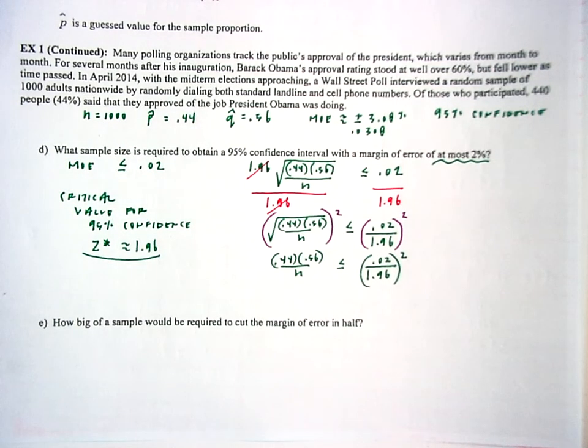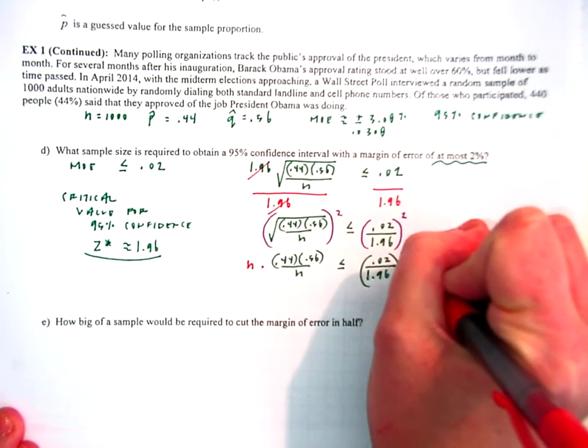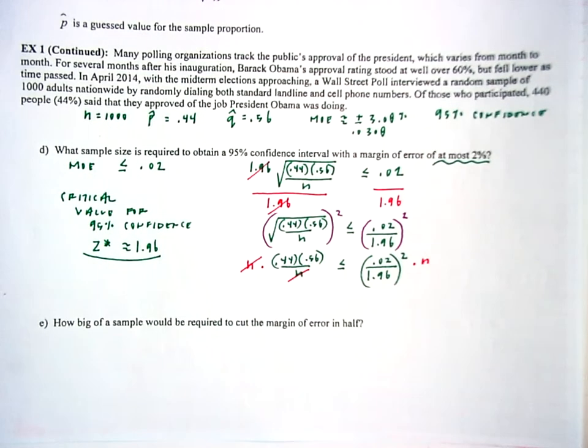So I'm just using my knowledge of algebra to isolate the n. Now I want to get the n out of the denominator position, so I want to clear my fraction by multiplying each side of my equation by n. So now that part goes away.